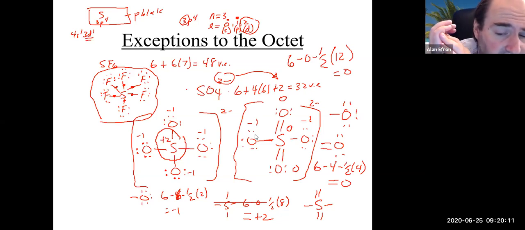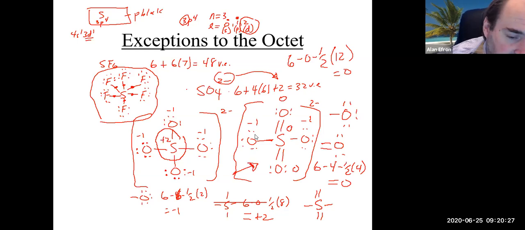For our class, if you're not asked to draw the Lewis structure based on formal charge, you don't have to worry about that. You could draw either structure. But this is why, if you look around online, you will commonly see sulfate drawn more like what we see over here. And that's because based on formal charge, that would be a much better structure than the one on the left.